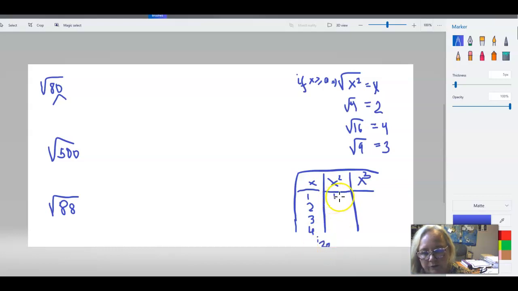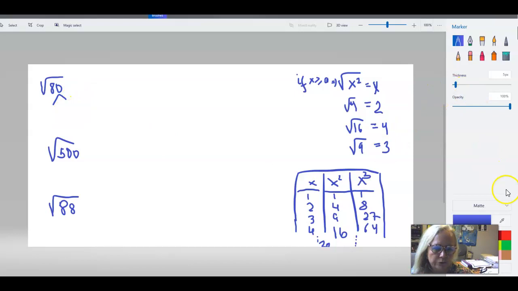Then here you have 1, 1, because 1 squared is 1, 2 squared is 4, 2 cubed is 8, 3 squared is 9, 3 cubed is 27, 4 squared is 16, 4 cubed 64, and so on. You continue up to 20. I strongly recommend you to have this chart, because then you will recognize these numbers faster.